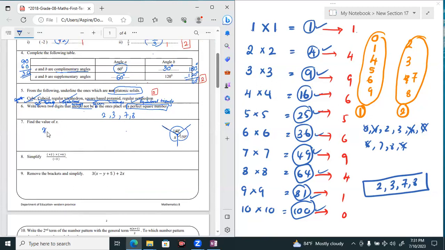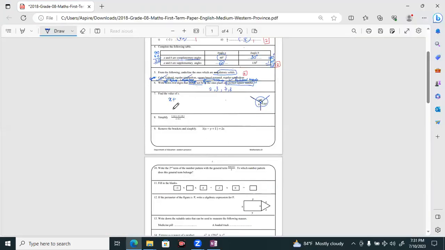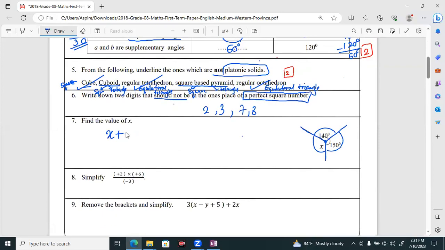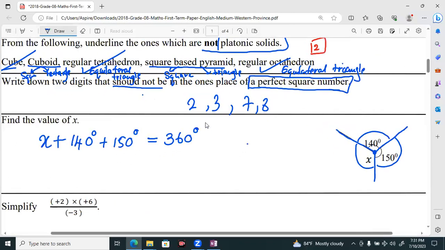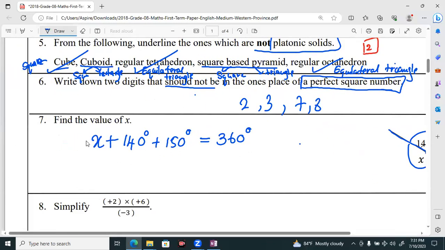360. So we can write a relationship: x add x වලට එකතු කරනවා 140 add 140. This is written as 360. ඔන්න මේක ලිව්ව 360 කියලා. පැහැදිලිද? This is the relationship, because we know that the sum of the angles around a point equals 360.